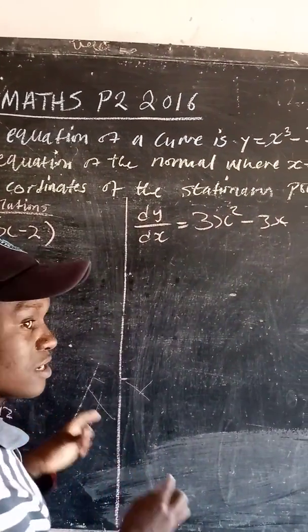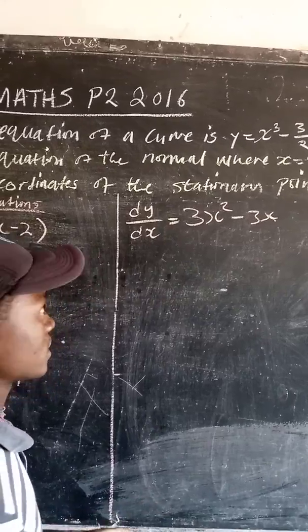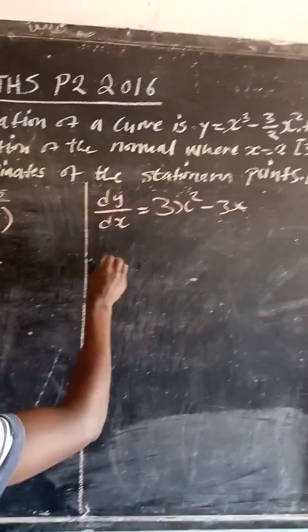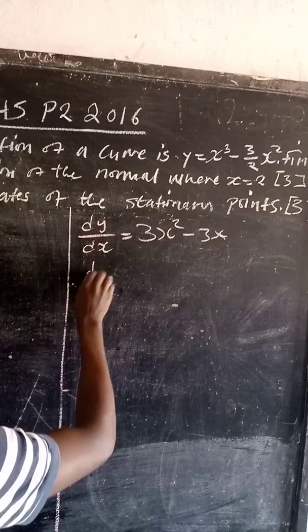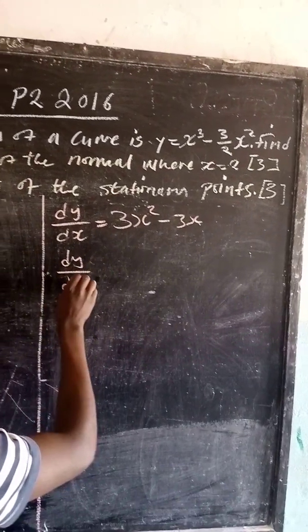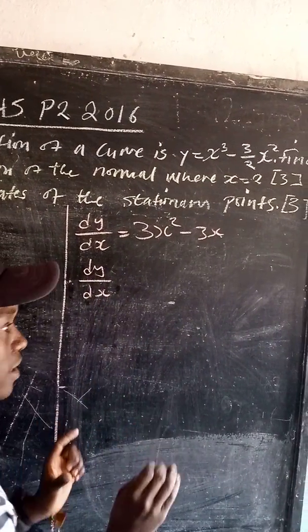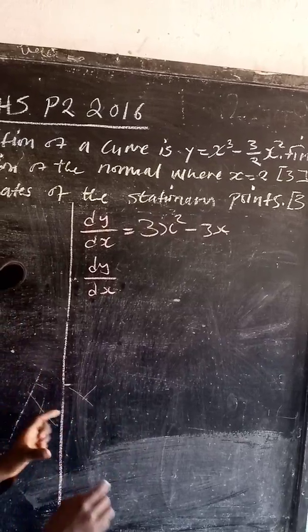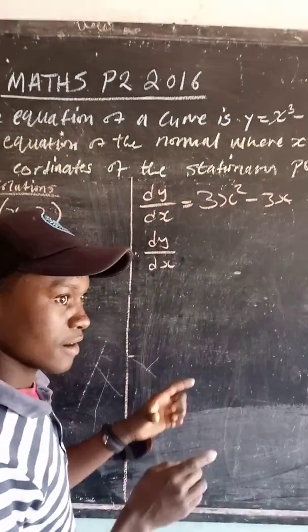So the gradient is equal to dy/dx. So we can say dy/dx is equal to the gradient, of which in this case we haven't been given the gradient.